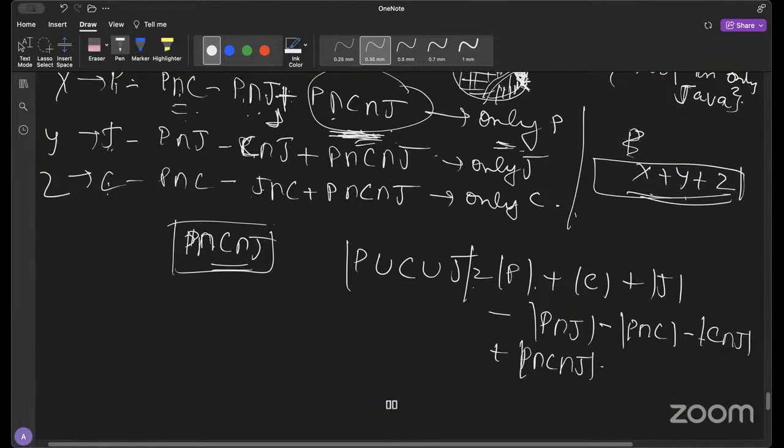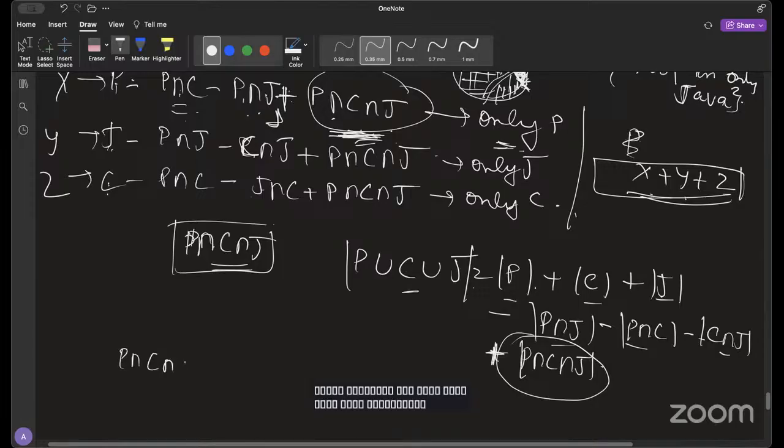We know the values of all the other terms. We just don't have the value of this one. That's what we want to find.